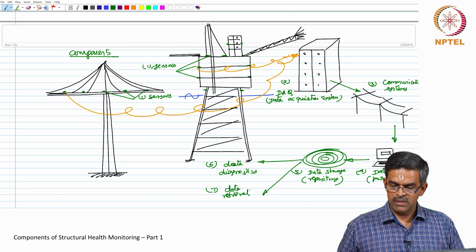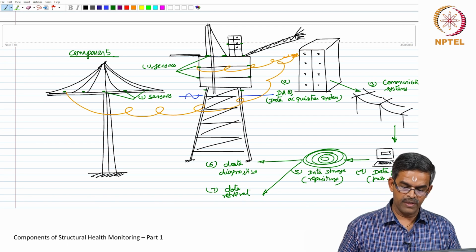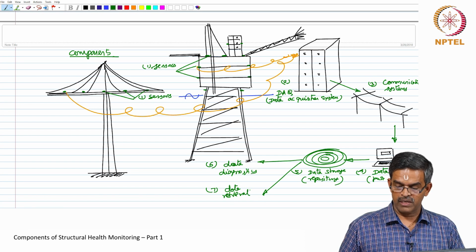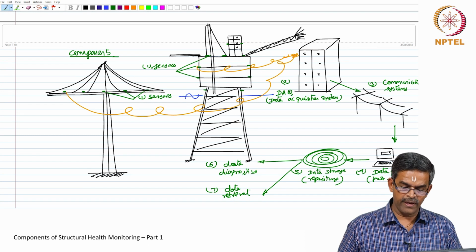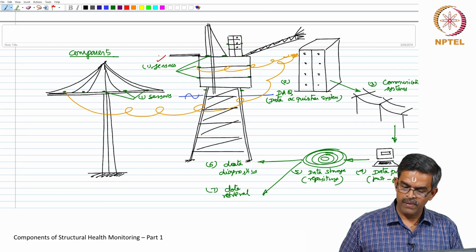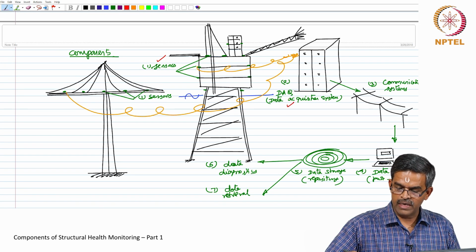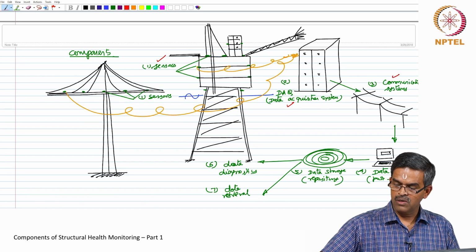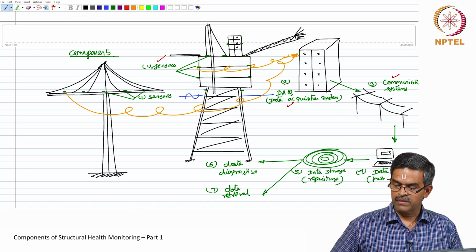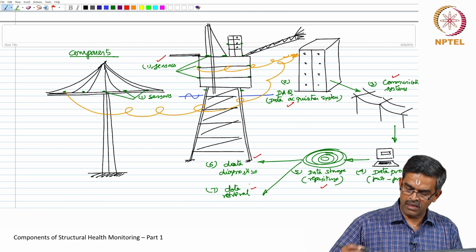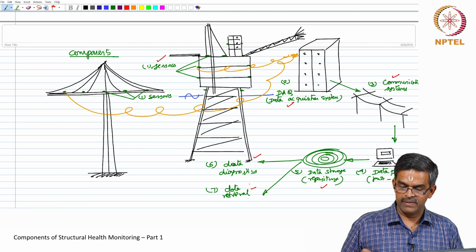So, friends, this layout of picture showed on the screen includes various components which are involved in a complete health monitoring system used for infrastructure engineering, starting from sensors, data accumulated and collected on a data acquisition system, transferred through communication system to data processing, then data repository, then data diagnostics and data retrieval for further data analysis.